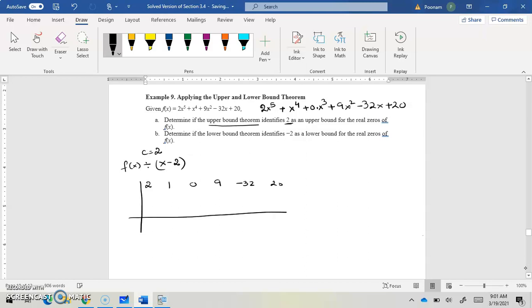We have to write 2 on this side. Let's do the division. 2 comes down, multiplied by 2 is 4, add to get 5, multiplied by 2 is 10, add to get 10, multiplied by 2 is 20, add to get 29, multiplied by 2 is 58, adding we get 26, multiplying we get 52, adding we get 72.